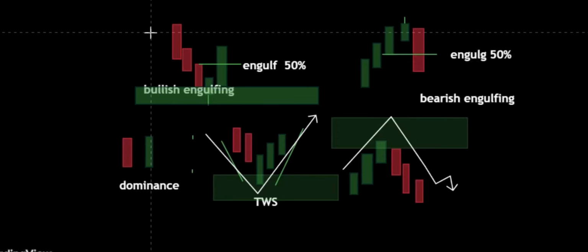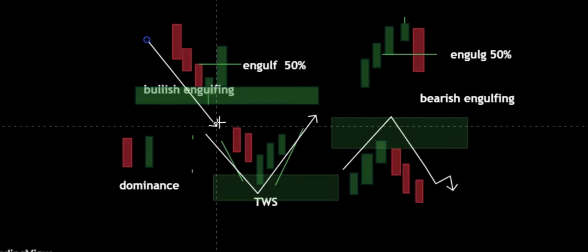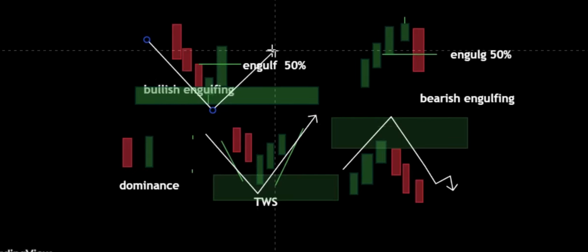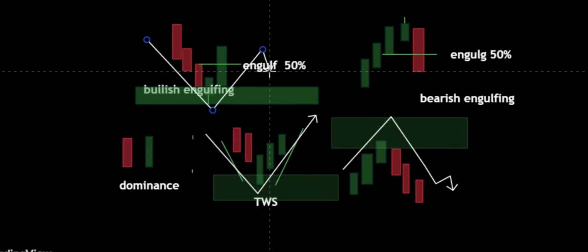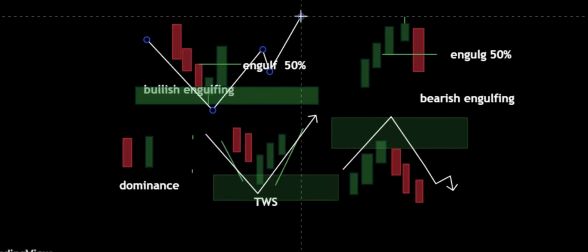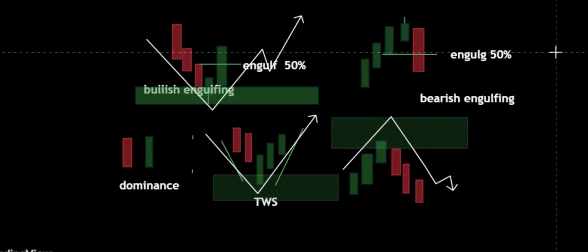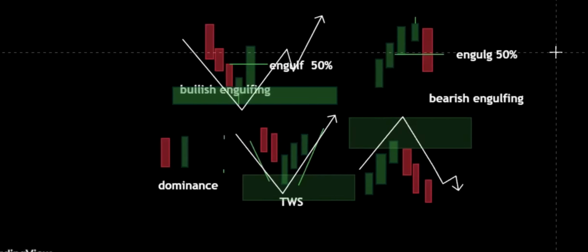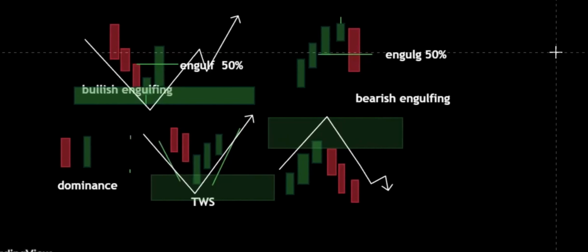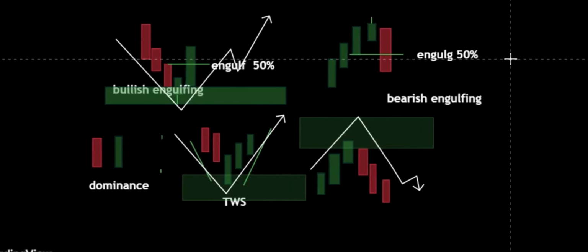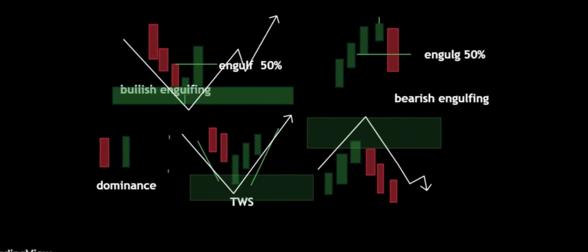Engulf means to eat the others, the previous candle. As you can see, this big green candle engulfs the previous candle and then goes up.